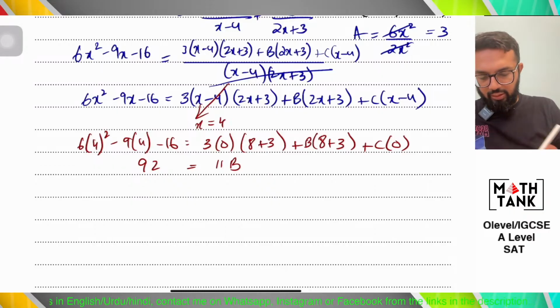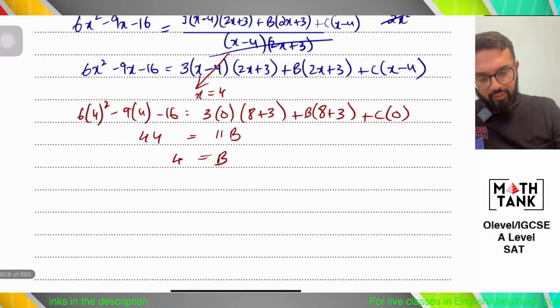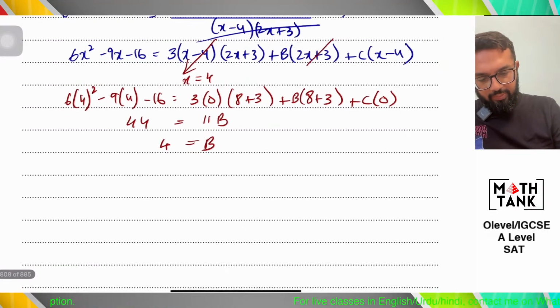Yeah, I calculated this wrong. 4 is 4. Then in the next bracket, I have to take x as minus 3 over 2.